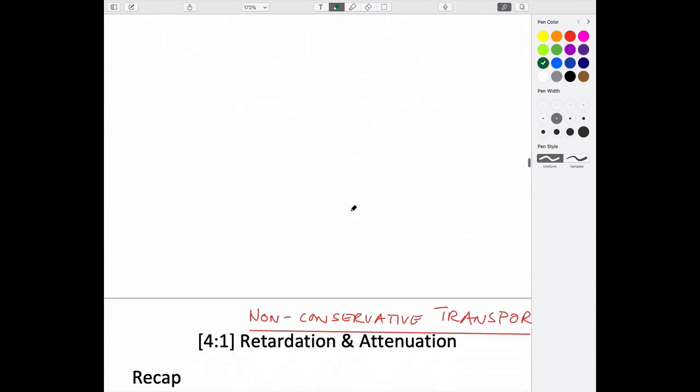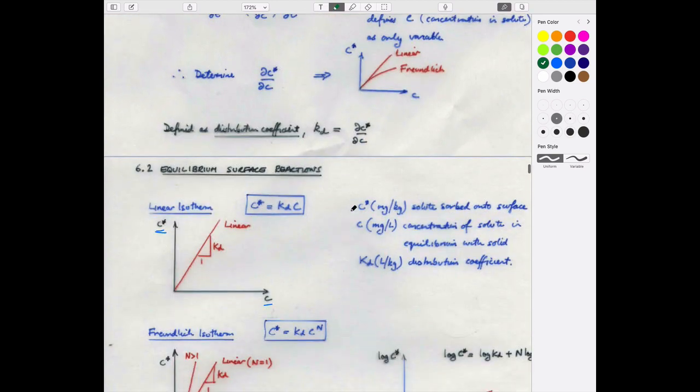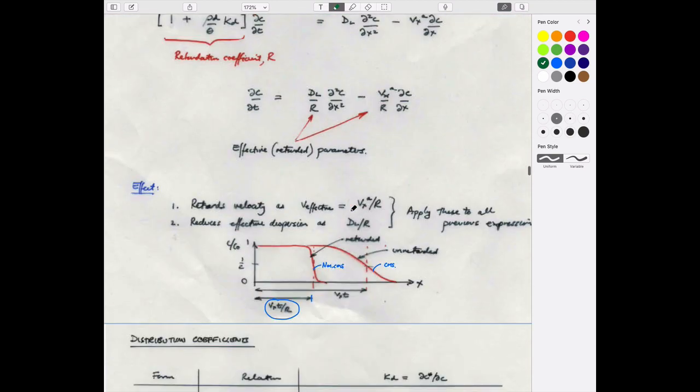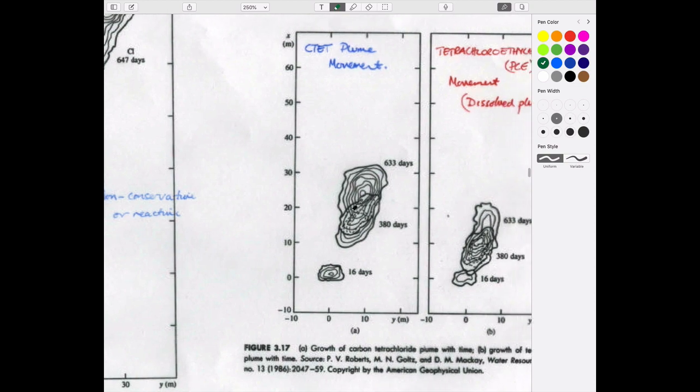But if you do exactly the same experiment with some components which I think were carbon tetrachloride and, what else? And tetrachloroethylene.